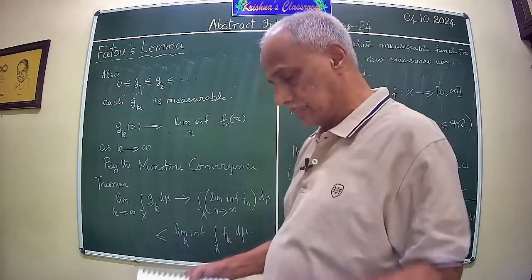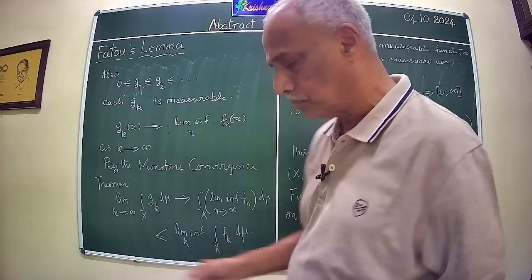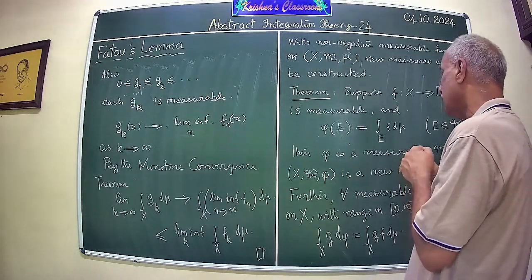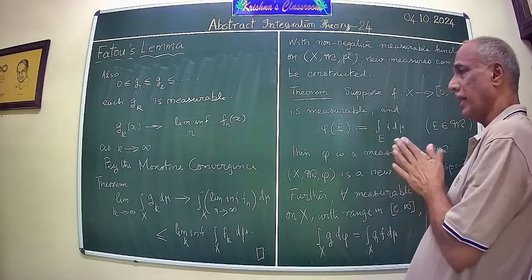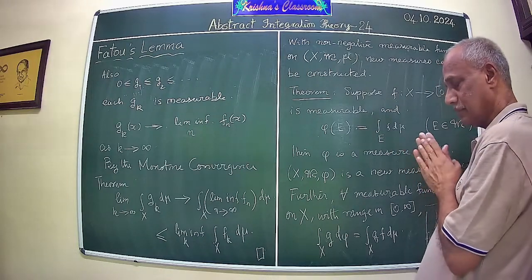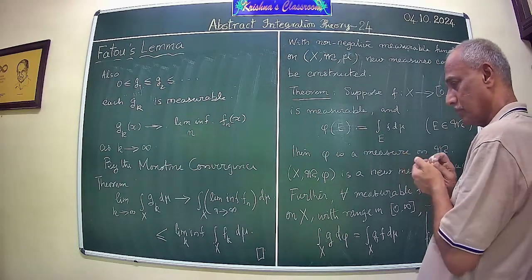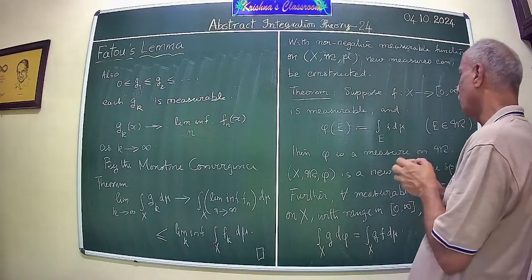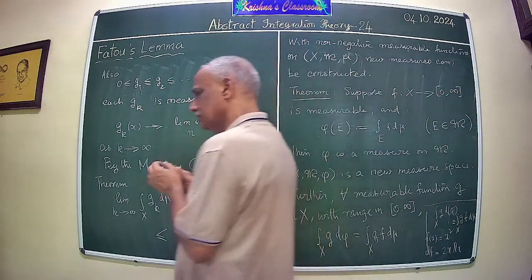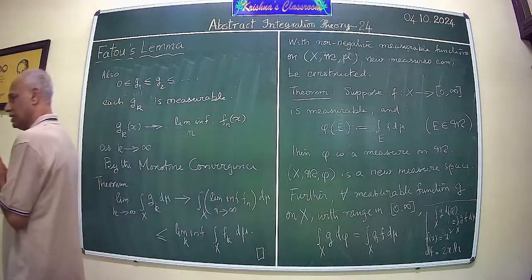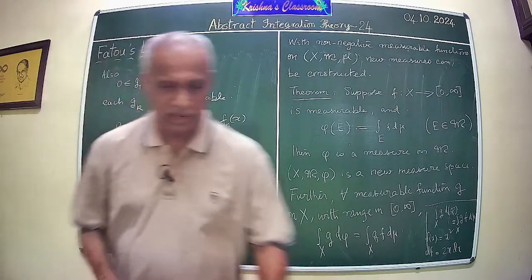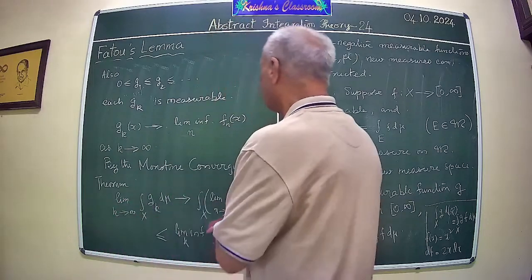So all that we need to prove is this: that phi is not infinity on every E. Secondly, phi is countably additive. So what we have to prove is this.